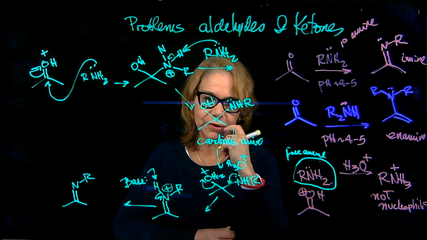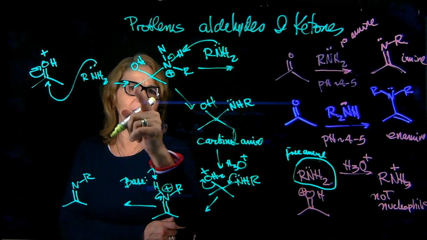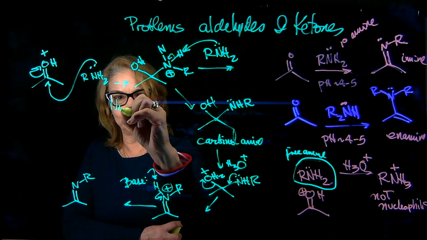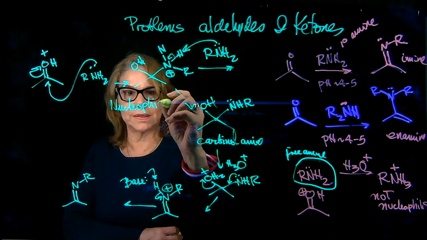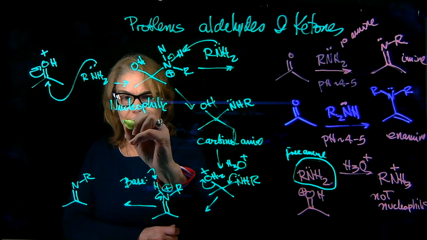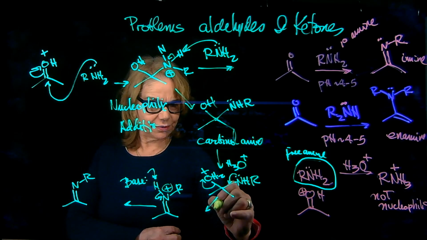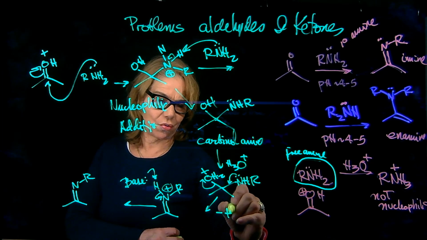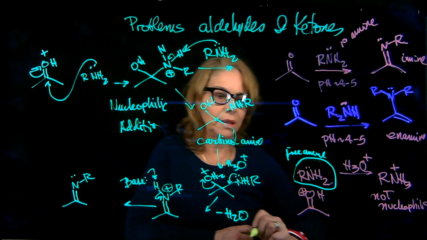Notice that the first step is a nucleophilic addition, as in all the reactions with aldehydes and ketones. But right here I have a dehydration, so minus water. That's what gives me the imine.